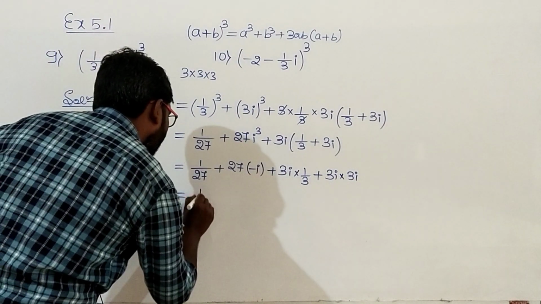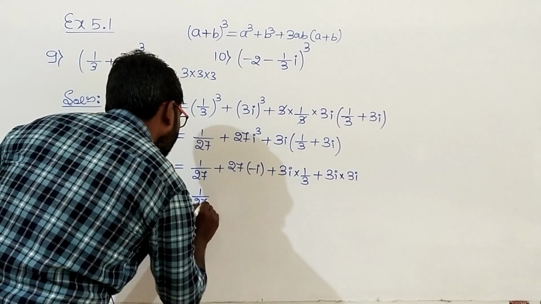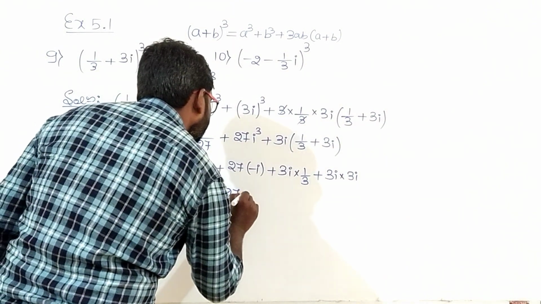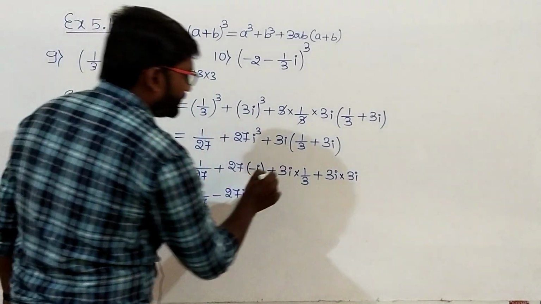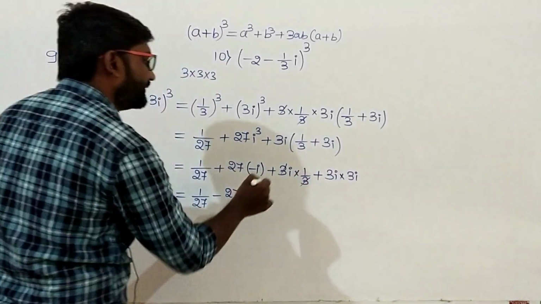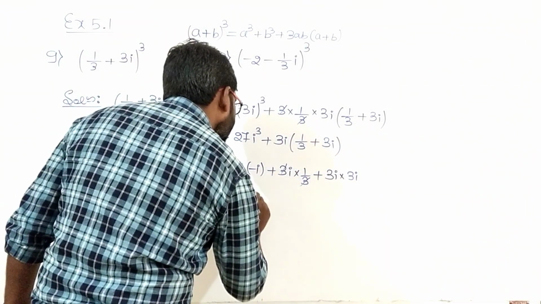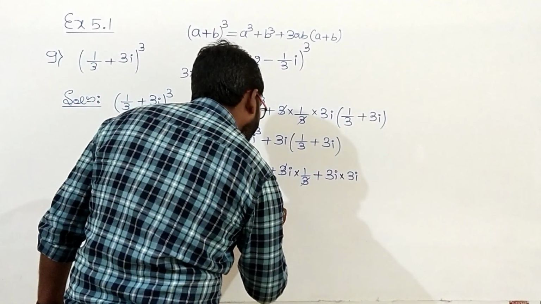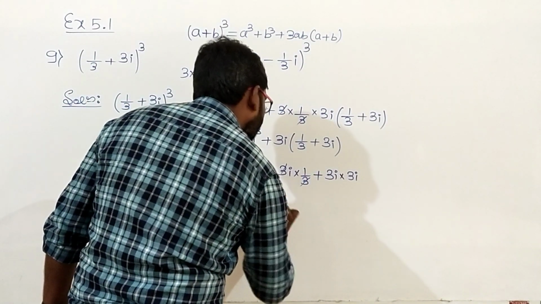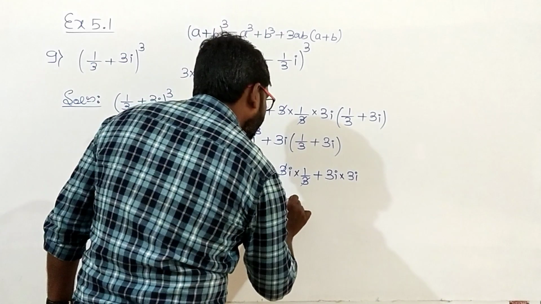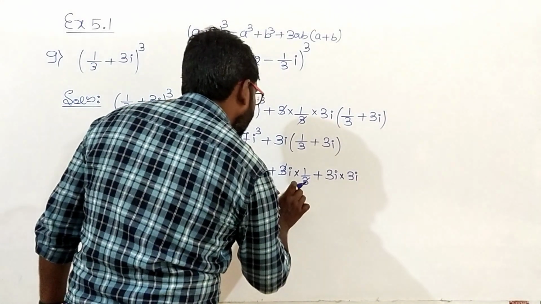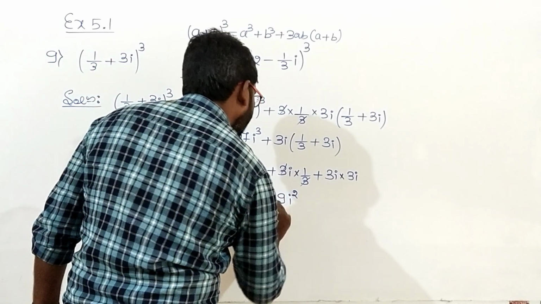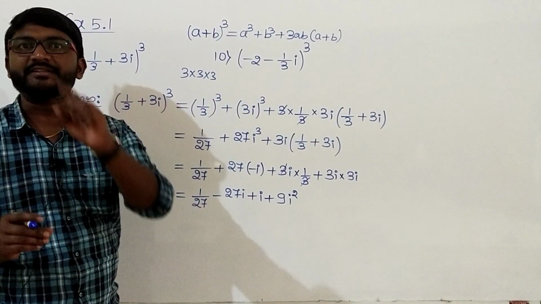So 1/27, then this becomes minus 27i. Then the 3s cancel, i into 1 is i, that is plus i. Then 3 into 3 is 9, plus 9, i into i will be i square. In the next step we have to substitute the value for i square. i square is minus 1.